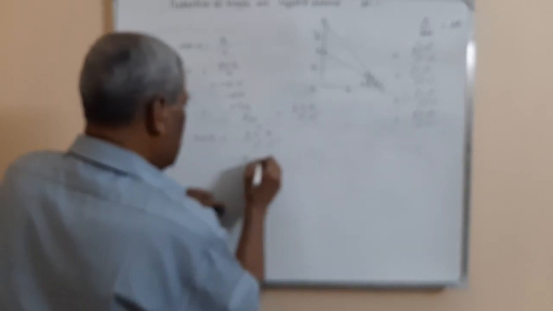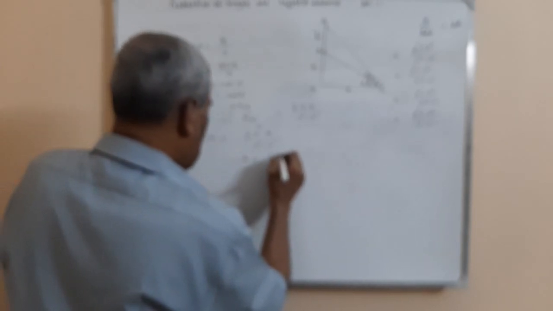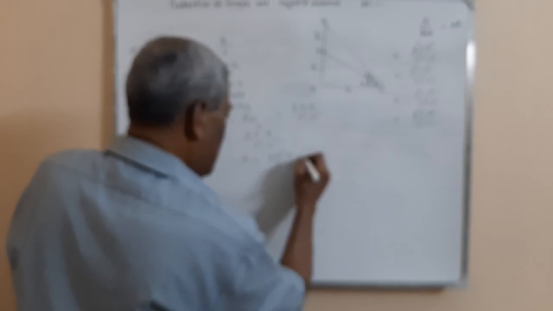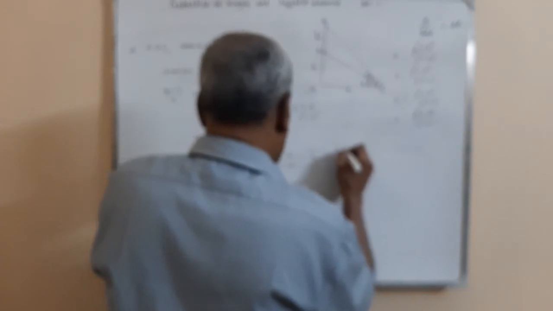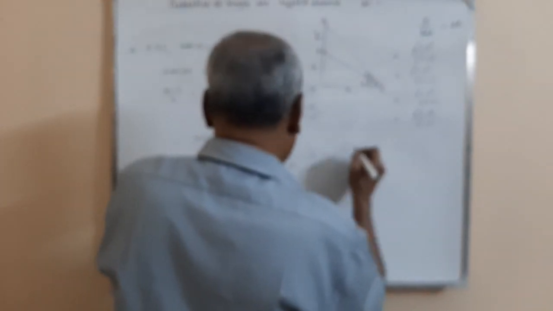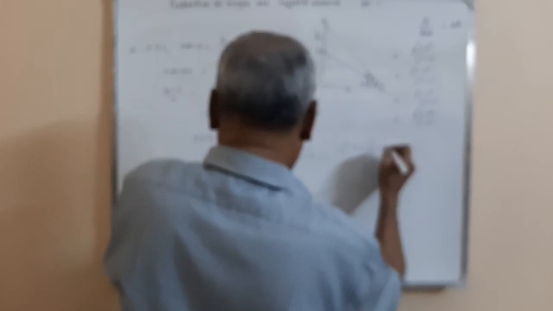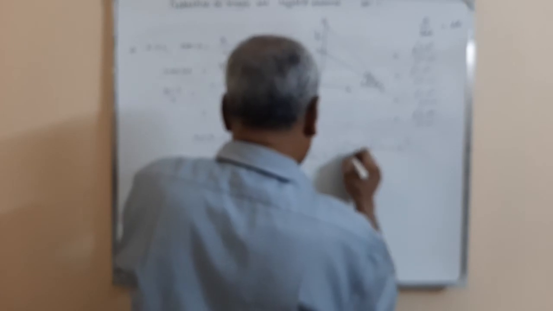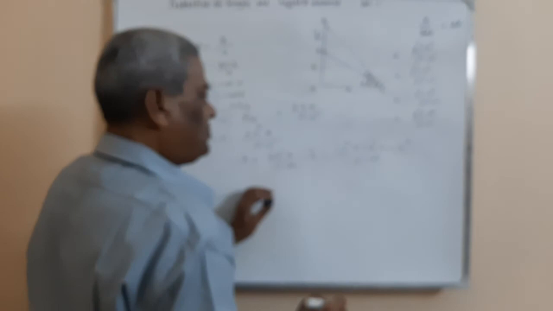So H is equal to, we want H, 2A square B by A square minus B square minus B. So that is 2A square B minus A square B plus B cube divided by A square minus B square.